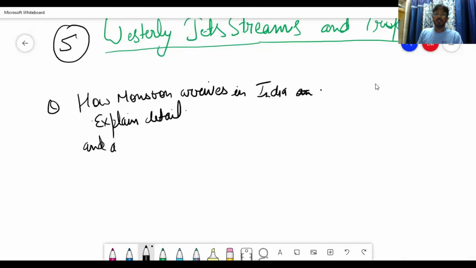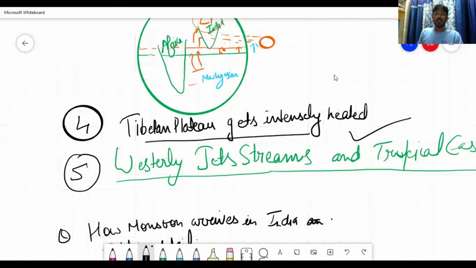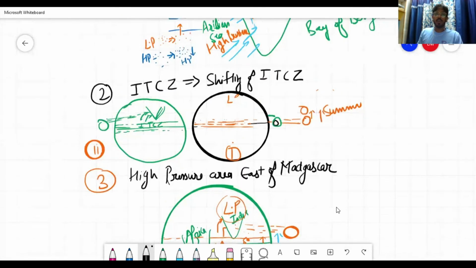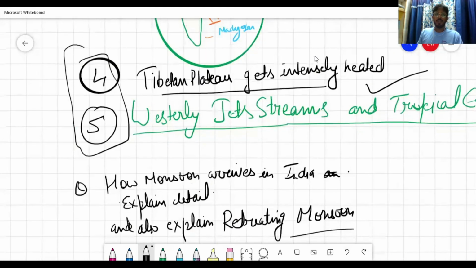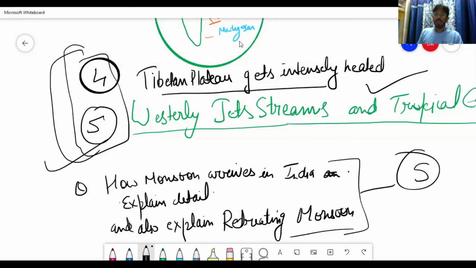And also explain the retreating monsoon, right? And one more thing, you need to explain these remaining 2 points as well in your answer, as I have already given the mechanism of the monsoon. You need to explain these 2 points more. You all need to do this in detail. That is 5 marks for this question.